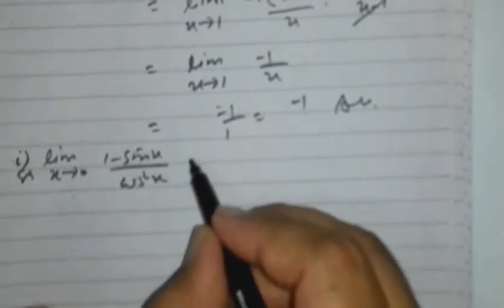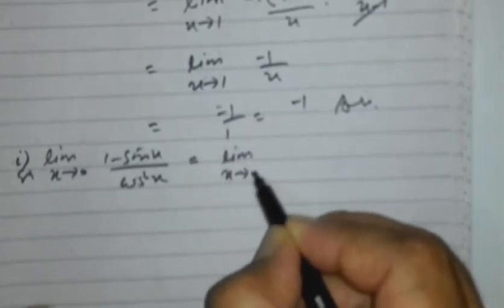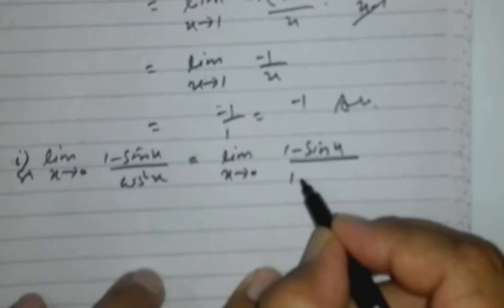Part I. Limit x tends to 0, 1 minus sin x divided by cos square x. So we can write it as limit x tends to 0, 1 minus sin x, and cos square x we can write as 1 minus sin square x.